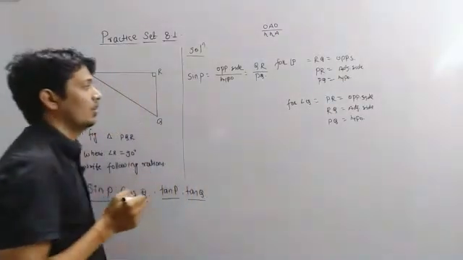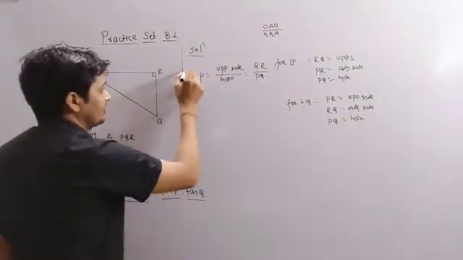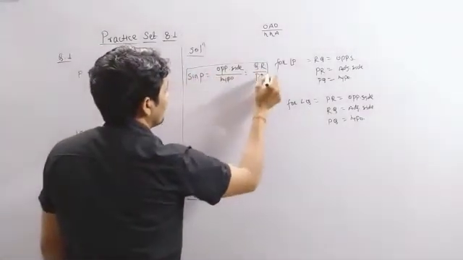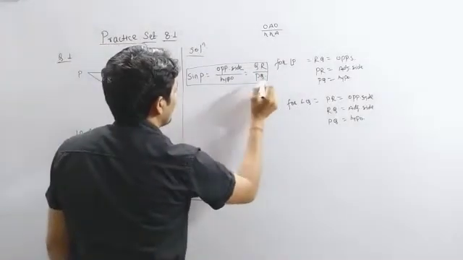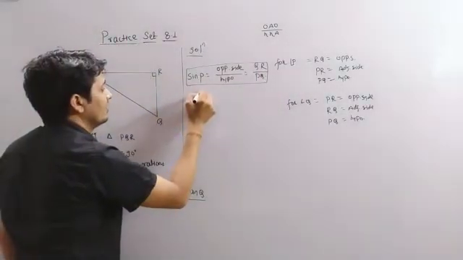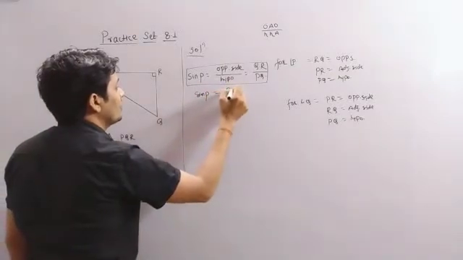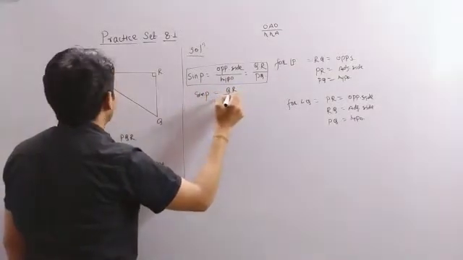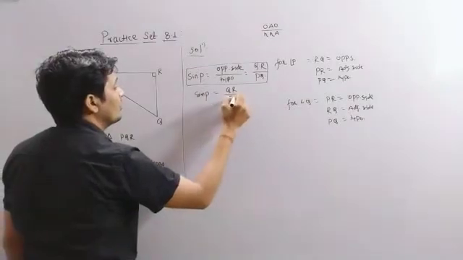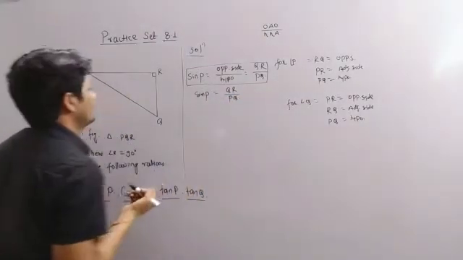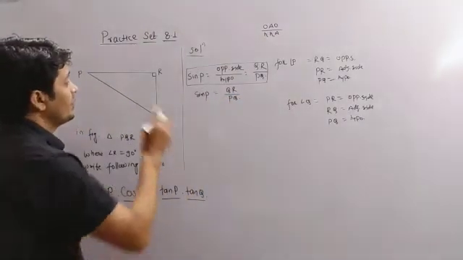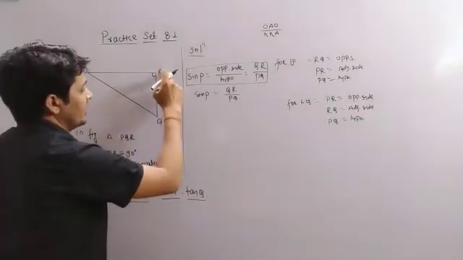So this is our first answer. In short we can write sin P equals QR divided by PQ.